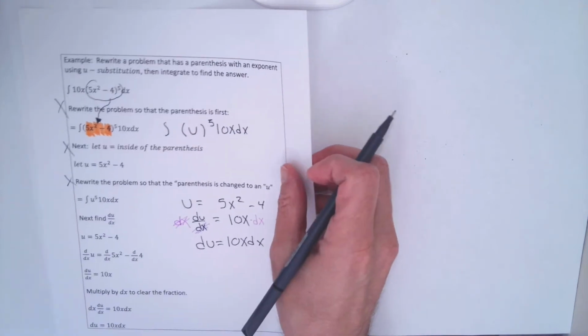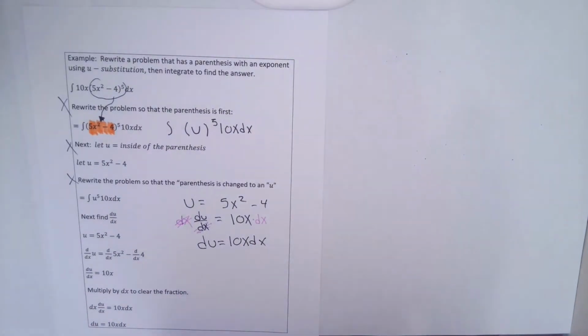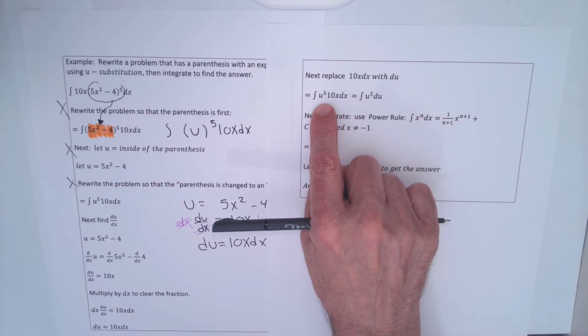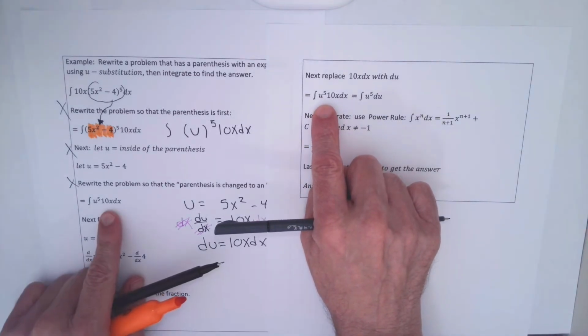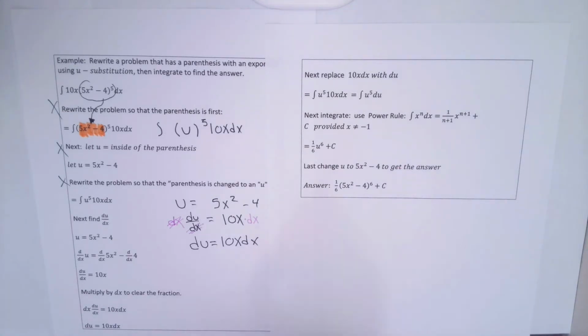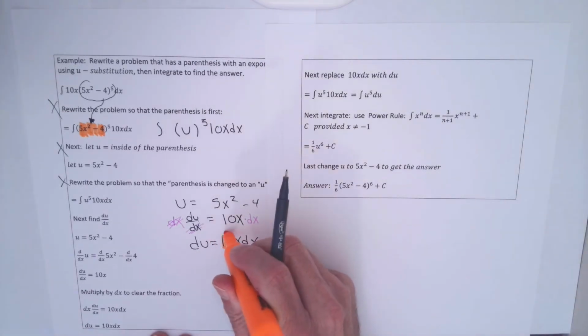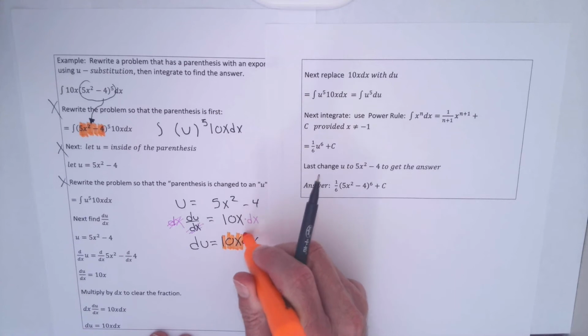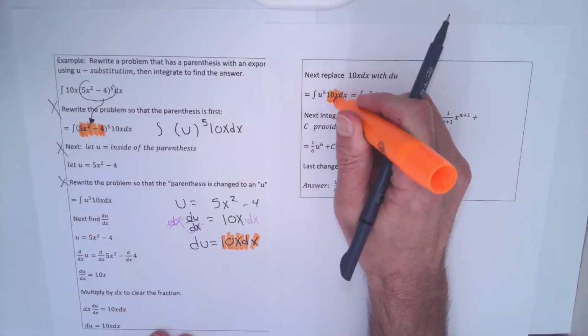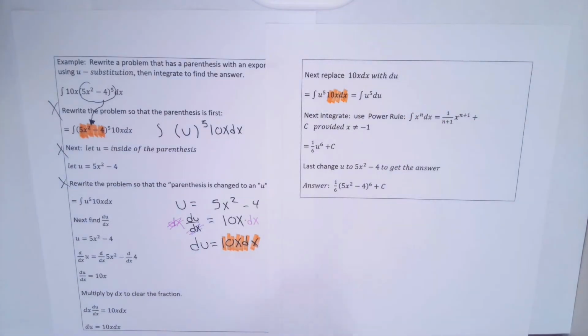I have rewritten the problem so that it says u to the 5th times 10x dx. Well, the whole reason we do the U-substitution is so I can get rid of the x part. I can't integrate with two variables, and 10x dx is equal to du.